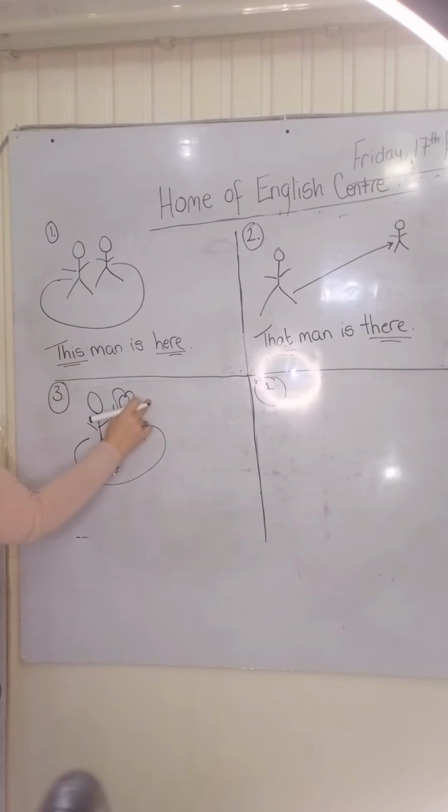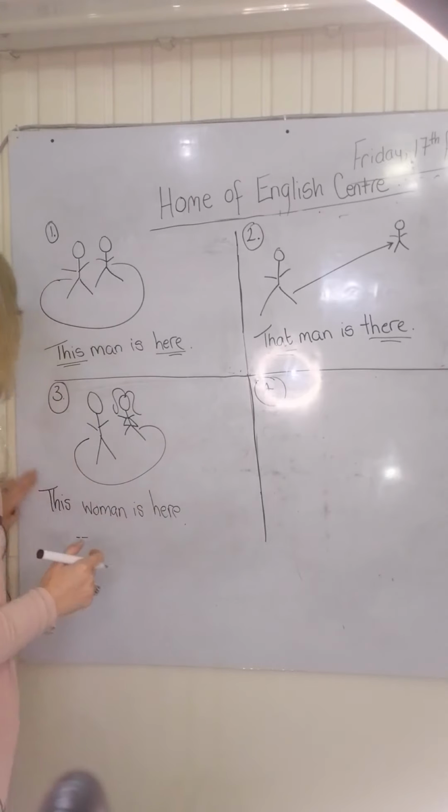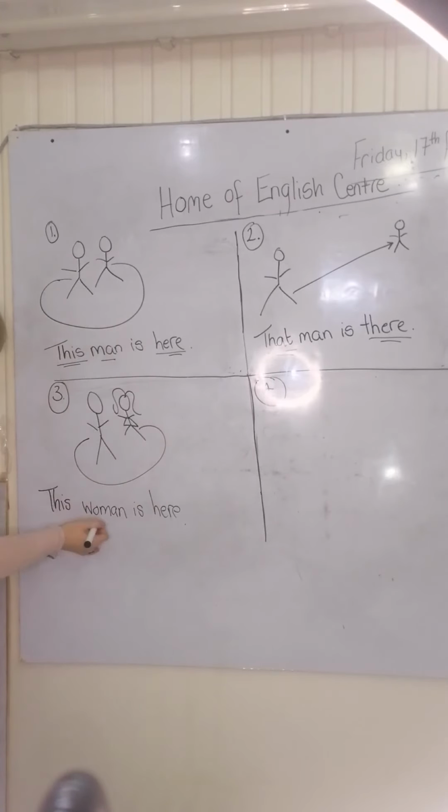So, even though this is a lady, a woman, this woman is here. They are in the same area. So same word, man, woman, this, here, this, here.